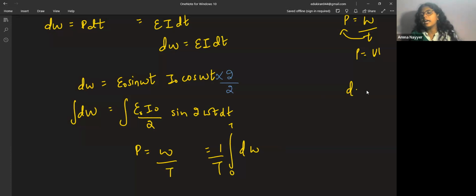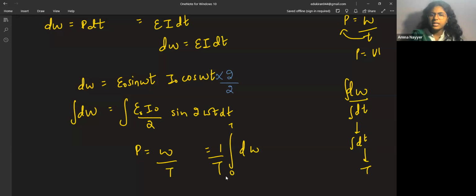You can write it like this also, integral of dW over dt. Integration of dt will in any case become t, so that's why I've written 1 by t already. See, what did we do? Work done we have obtained. The calculation part is left. Work done you divide by time, you get power.